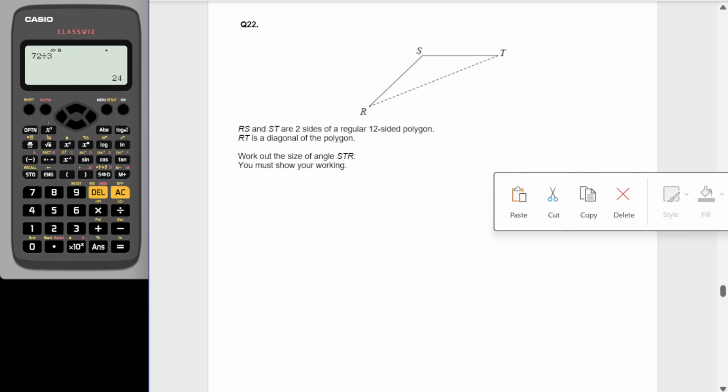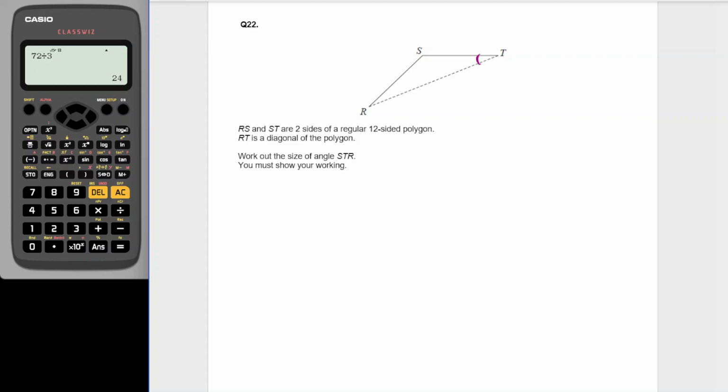12-sided polygon, RT is the diagonal of the polygon, work out the size of the angle STR. Okay, so STR is going to be that angle there.